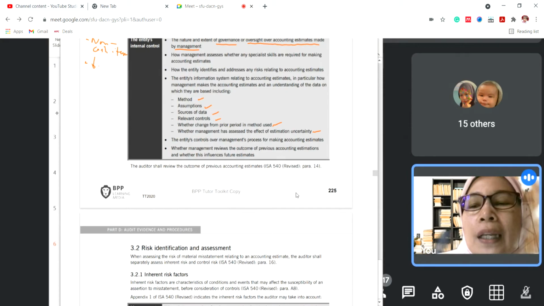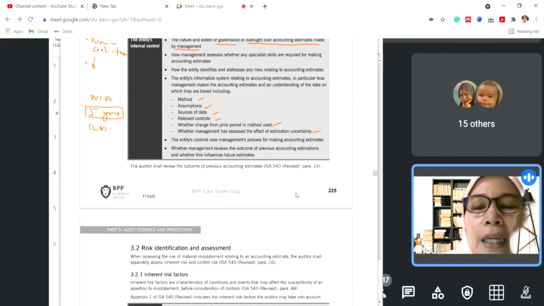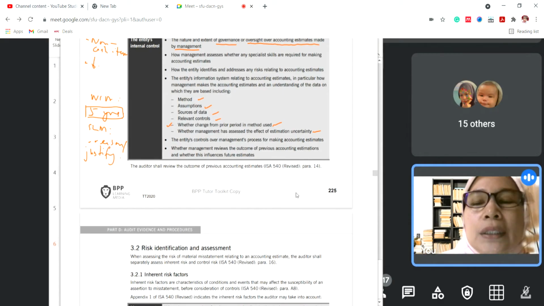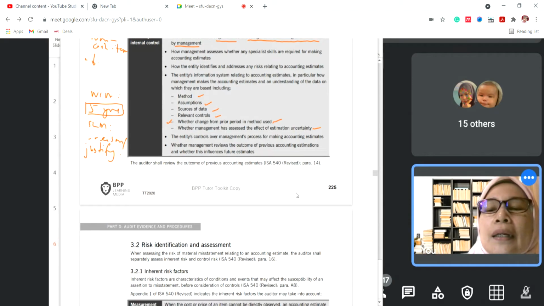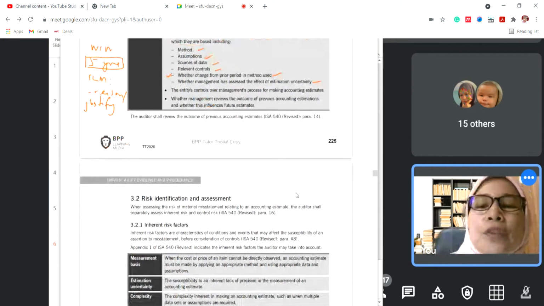Let's say the life of the non-current asset is 5 years. If they choose provision for depreciation using the straight line method, it must be used consistently for 5 years. If there are any changes, see the reason. The management must justify why they changed the estimation method. So the method here.